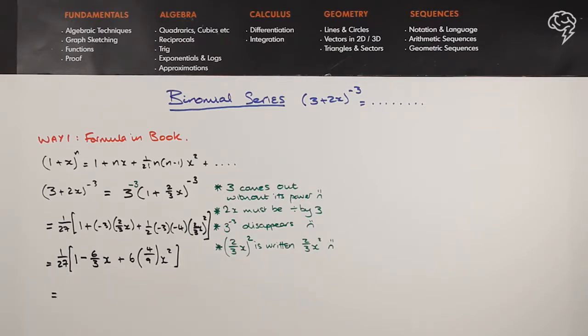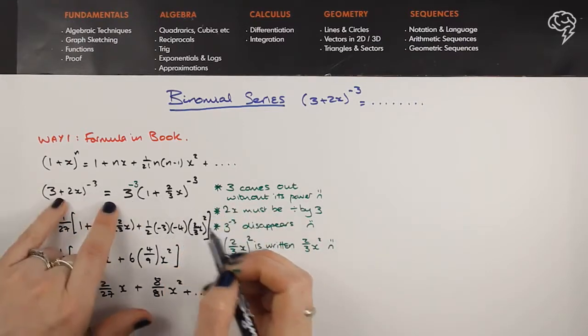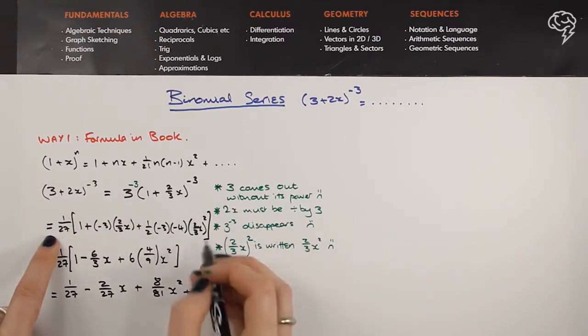And now I'm going to expand it all out. So it's going to give me 1 over 27 minus 2 over 27x plus 8 over 81 x squared. And obviously if I don't put plus dot dot dot, that's a lie, because this is true, that does equal that. But that's not true because it goes on forever.